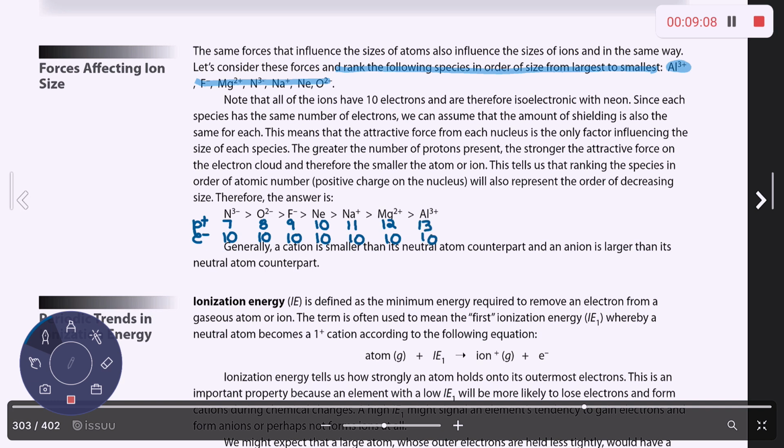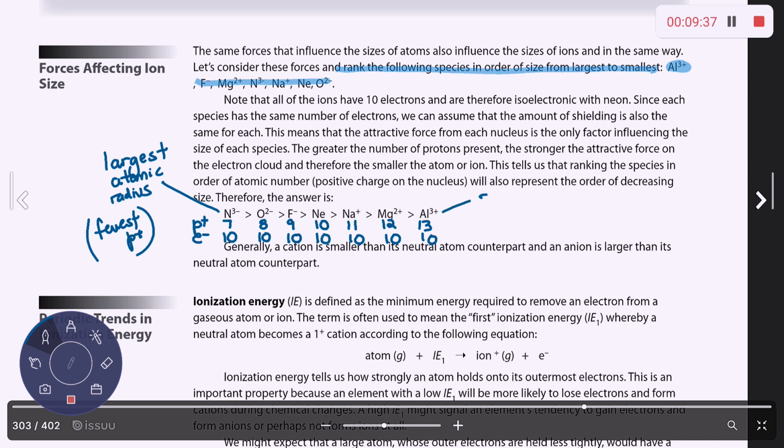Okay, so here you can see that the largest atom, this is the largest atomic radius. Okay, this one has got the fewest protons, which makes sense because it doesn't have as much of an effective nuclear charge or positive charge in the nucleus to pull in all those electrons to make it smaller.